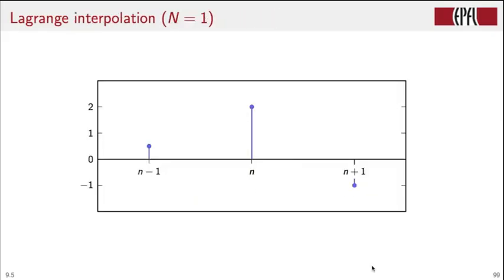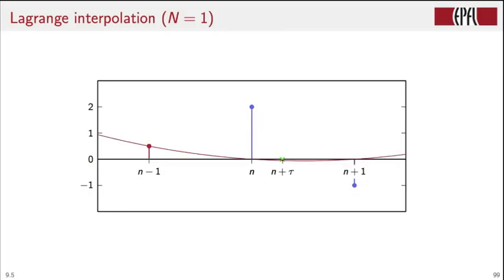So let's look at an example. Assume that we want a second order approximation. So we pick n equal to 1, and we will have 3 Lagrange polynomials. And so we will need to use 3 samples of the sequence to compute the interpolation. These 3 polynomials will be centered in n-1, n and n plus 1, and scaled by the values of the samples at these locations. And finally, we will sum the polynomials together and compute their value in n plus tau.